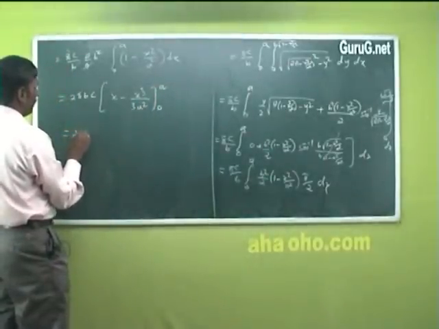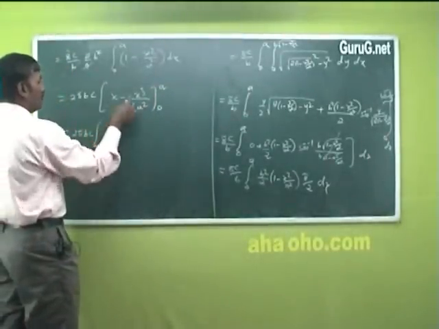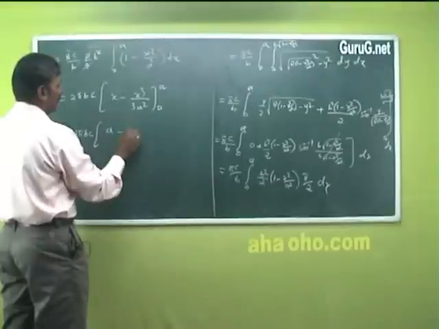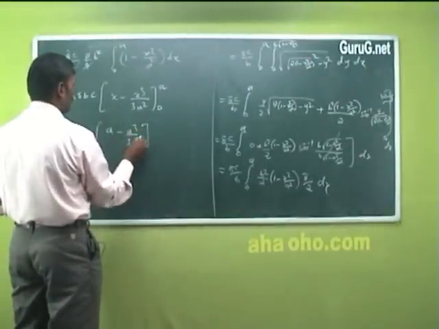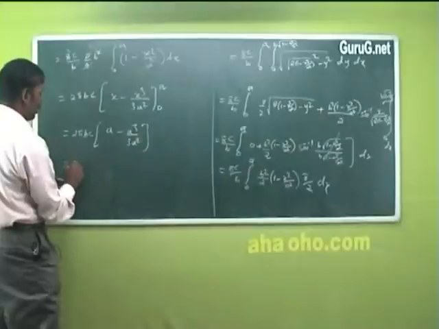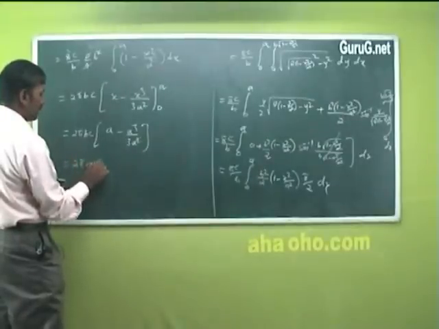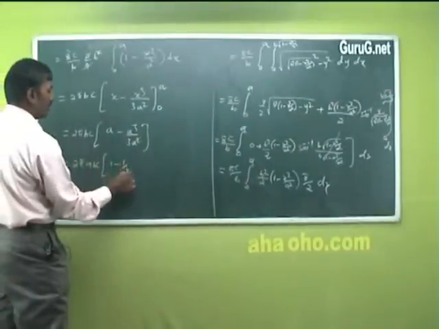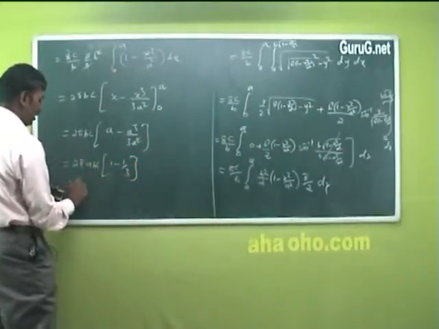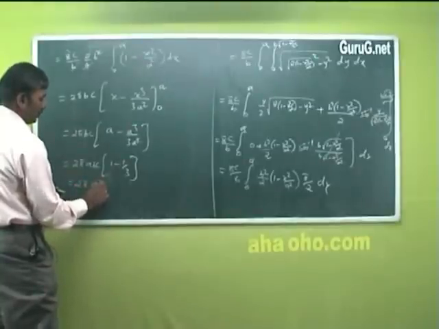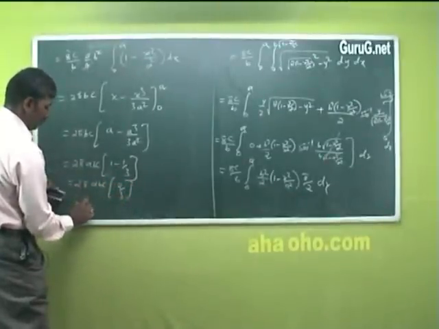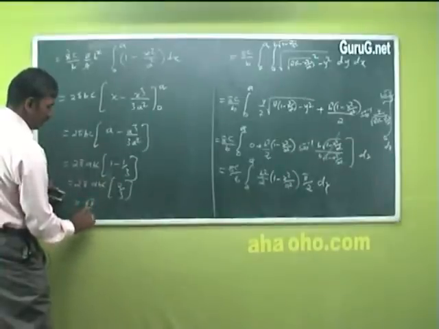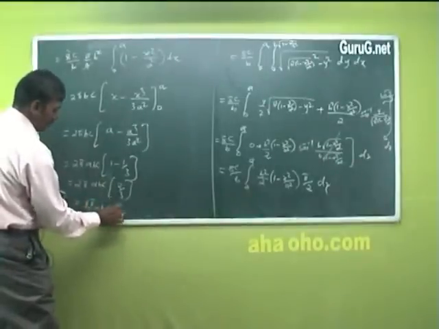So 2 pi, substitute a: a minus a cubed by 3a squared. Again the lower limit is 0, so we take a outside: 2 pi into abc, 1 minus 1 by 3. So 1 minus 1 by 3 is 2 by 3, so around 4 pi by 3 into abc cubic units.